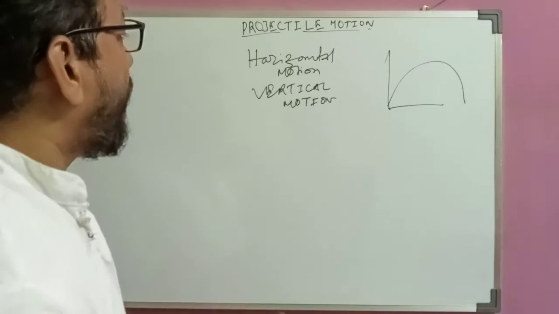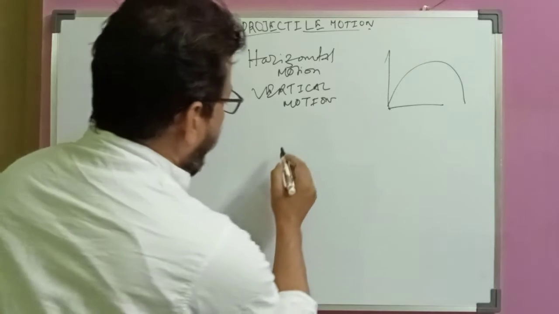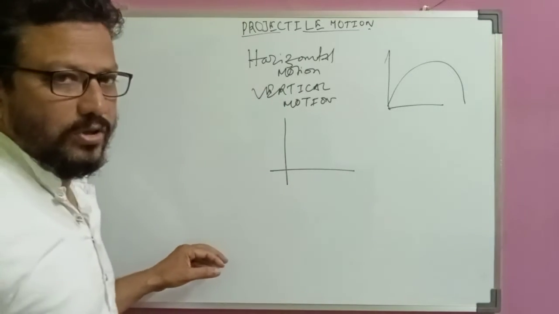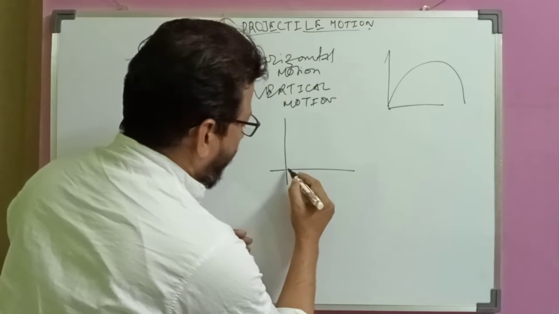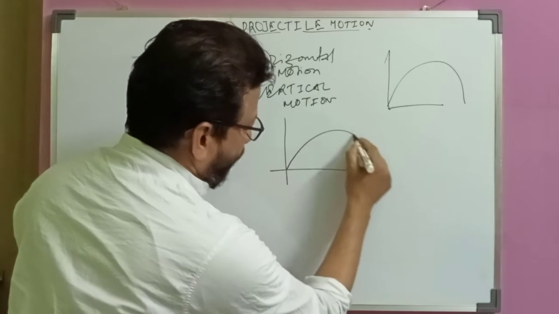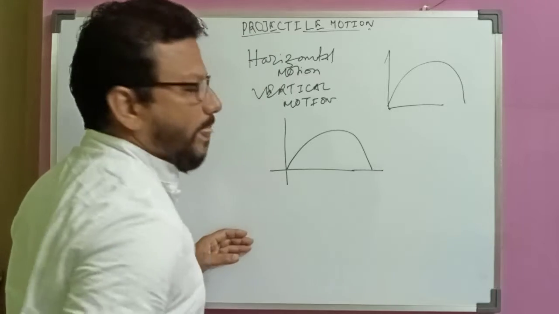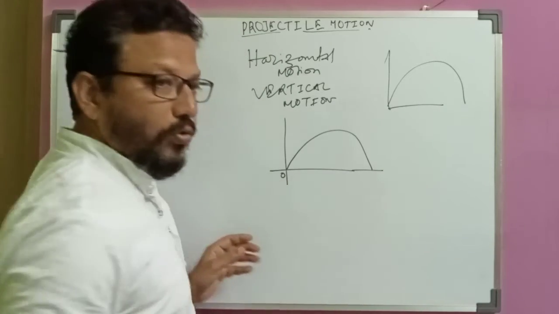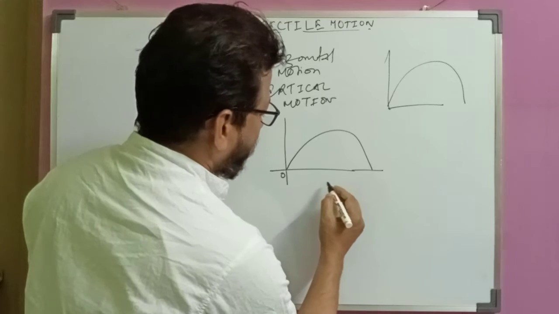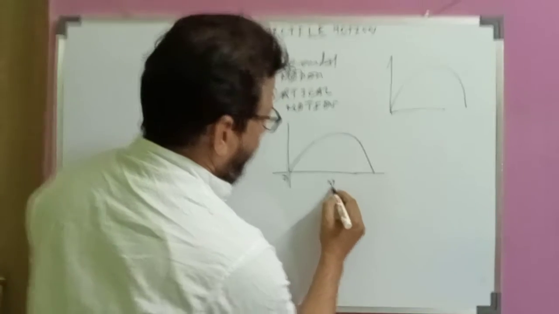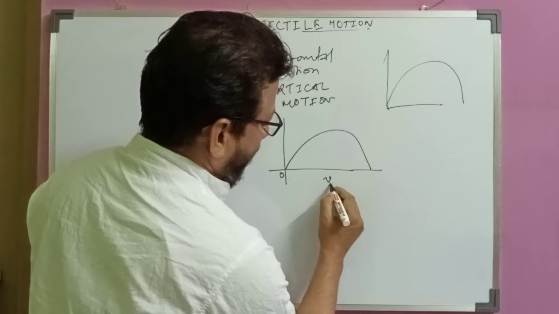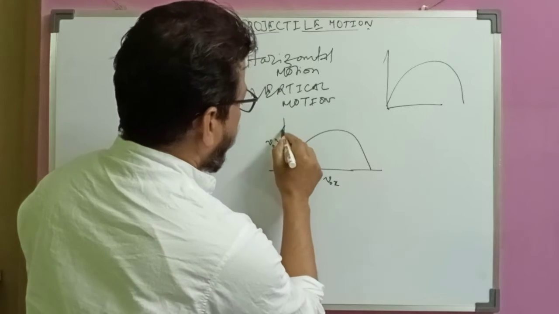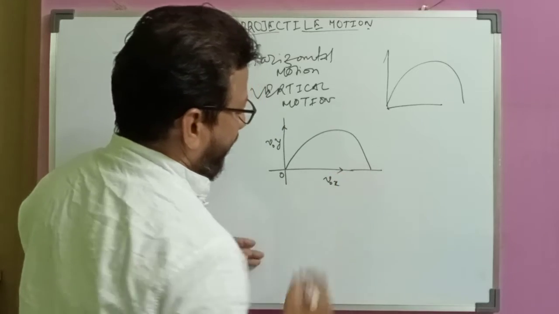Now, what you have to learn: with the x and y axes, if we throw a ball like this, from the origin O, this is V naught, with components V naught x and V naught y, in the x direction and y direction.